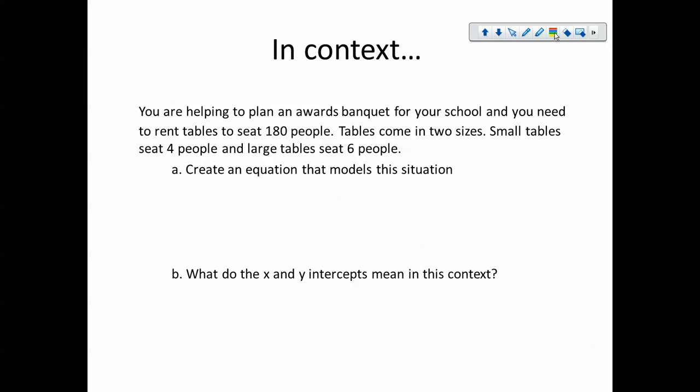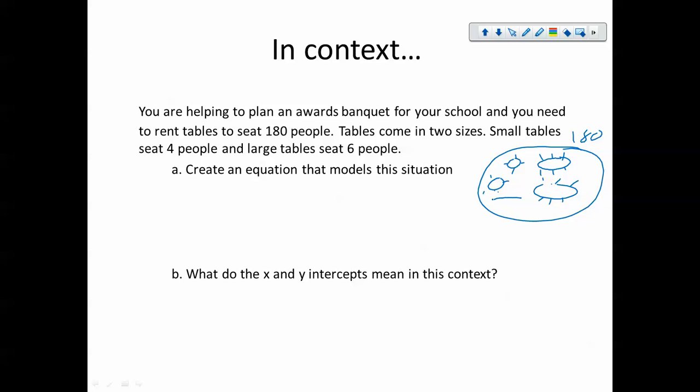We've got a big awards banquet going on, and we need to seat 180 people. We've got some tables that seat 4 people, and some larger tables that seat 6 people.